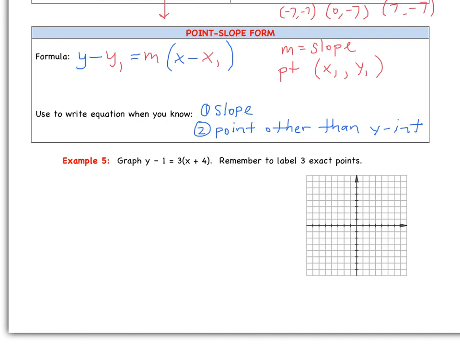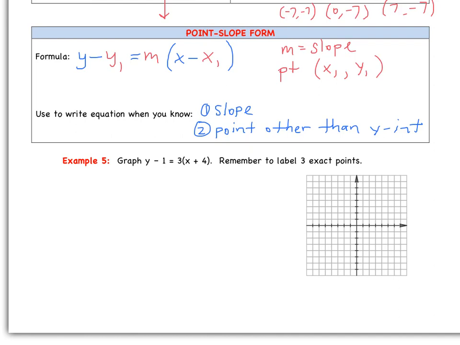Okay? So if I know my y-intercept, we're going to use slope-intercept. But if I don't know my y-intercept, point-slope is the best form to choose. Okay? So before we get into actually writing equations in point-slope, we need to get the idea of how do we graph out of point-slope.